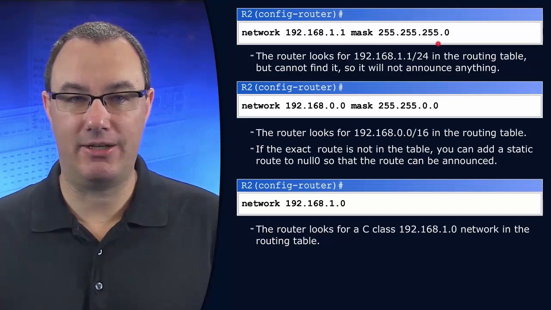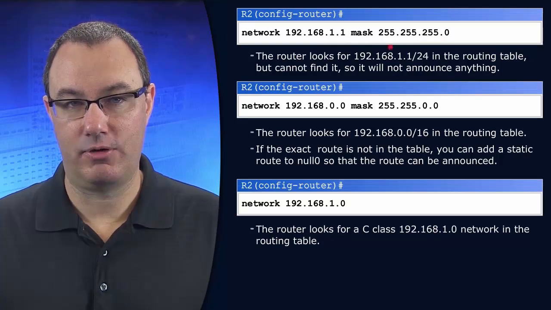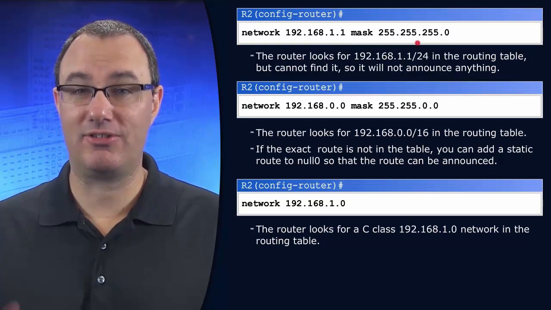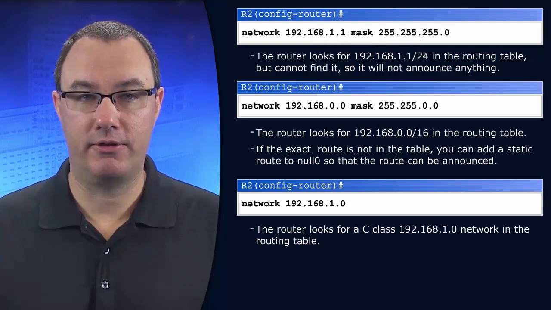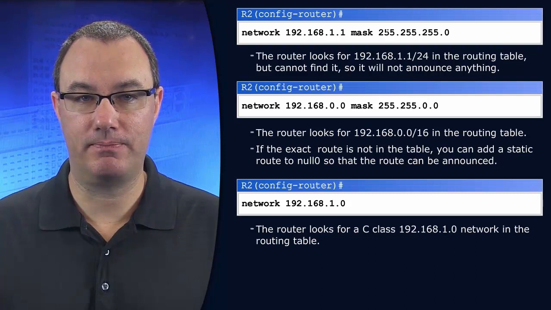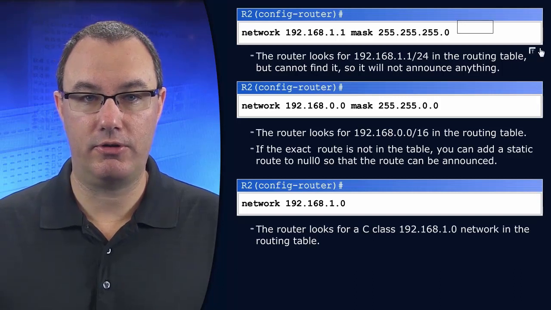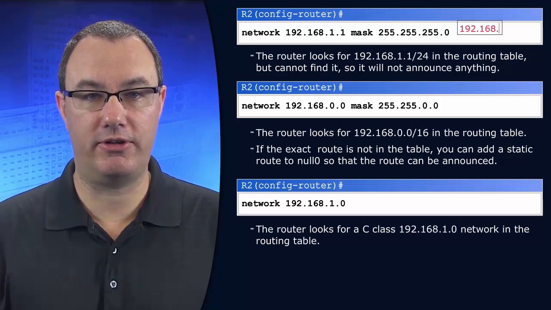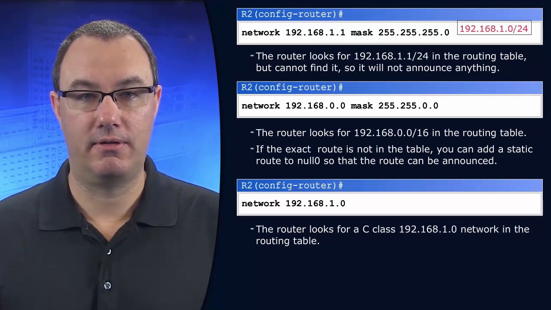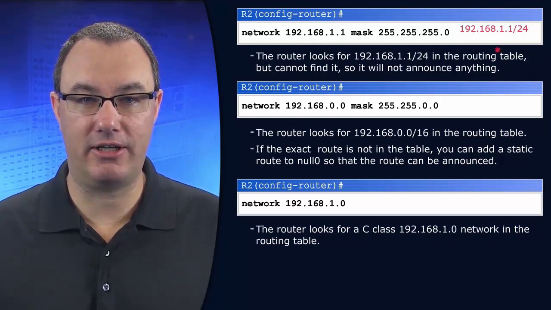Now, if you were to AND the IP address and the mask, would you get the same thing? No. The result of ANDing would be 192.168.1, which cannot exist.